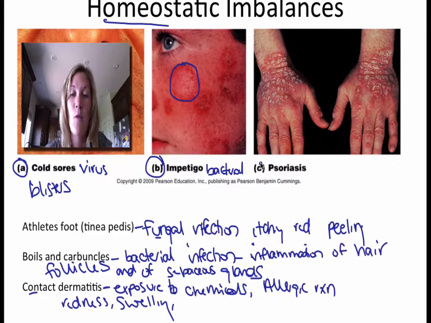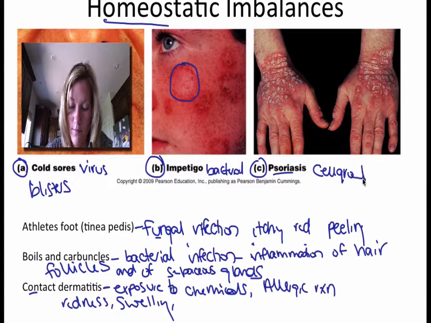And then the last one we're going to go through is psoriasis. Psoriasis is when there's abnormal cell growth of the epidermis. So there's an overproduction of epithelial cells.